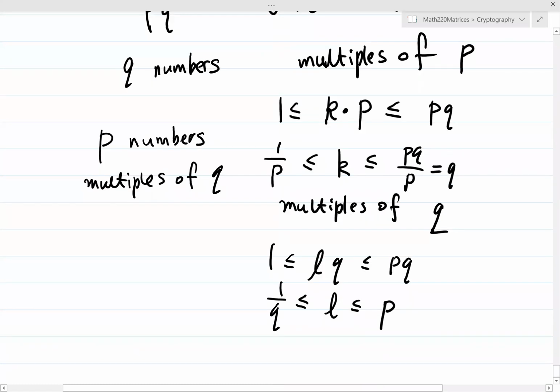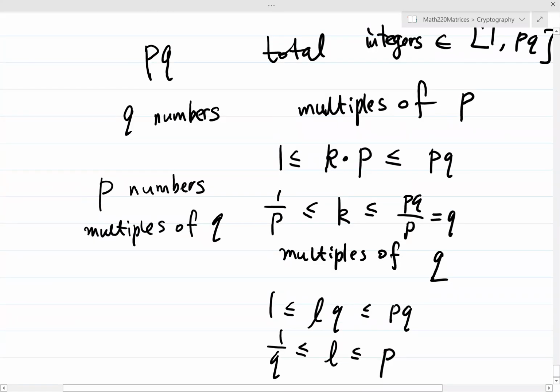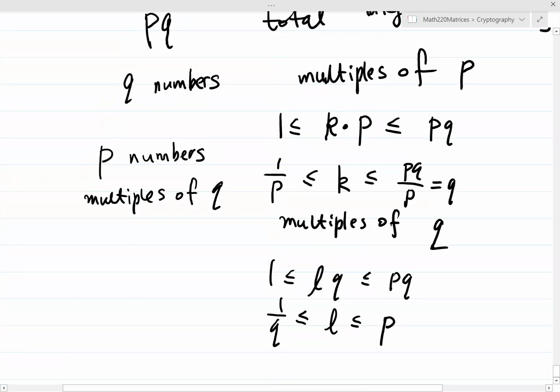Now if you subtract from PQ the P and Q, actually we subtract too much, because the multiples of P and the multiples of Q overlap. These two sets overlap: we have a number which is both a multiple of P and a multiple of Q, namely the number PQ.